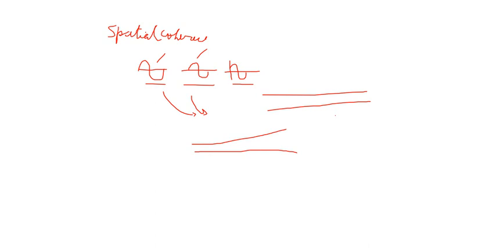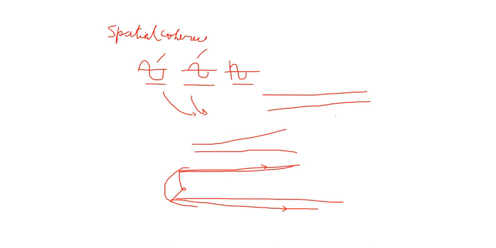When a torchlight, you have seen a torchlight, there is the filament, and the light rays are emitted, but these light rays are in random directions. Of course, it's like this, but it diverges very fast.